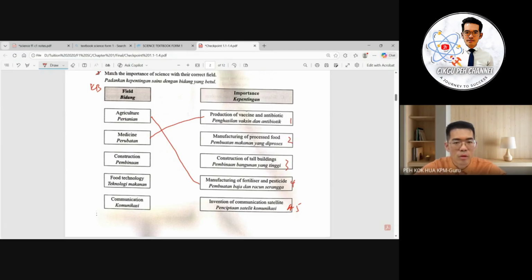Yes, correct. Construction. Construction of tall building, yes, correct. Block number 3. Okay, then food technology. 2. Manufacturing of processed food, yes. The communication will be invention of communication satellite.